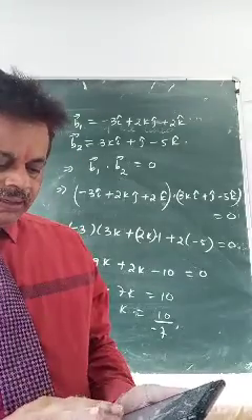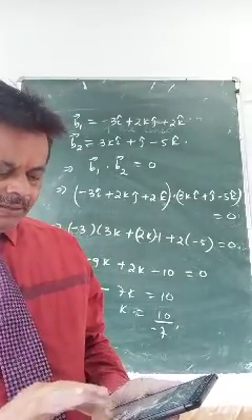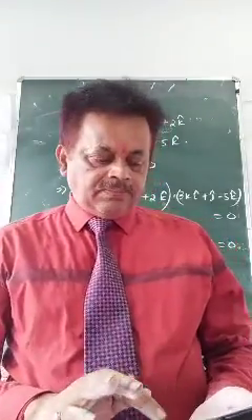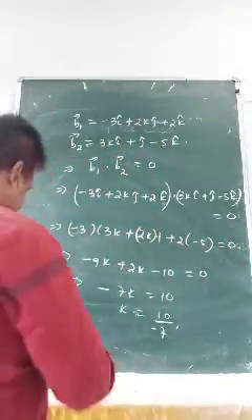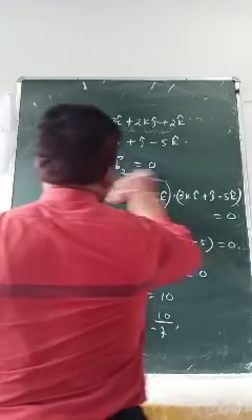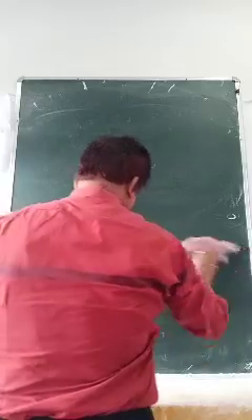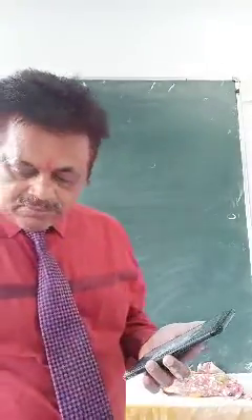Find the vector equation of the line passing through a point and perpendicular to the plane. Here the question starts now. Question number 7, a very important question.